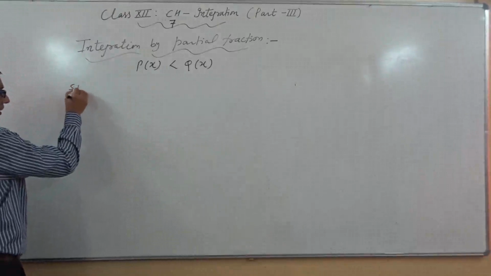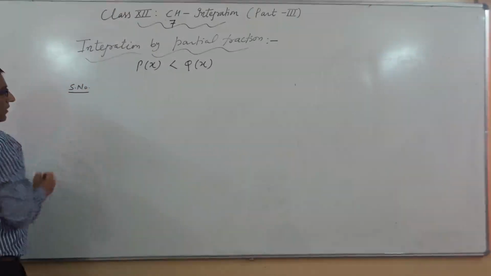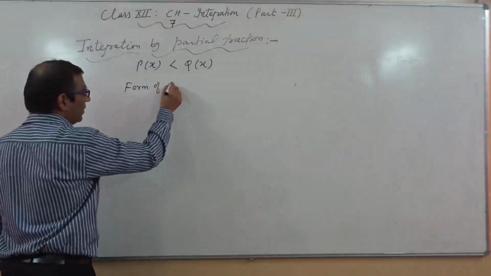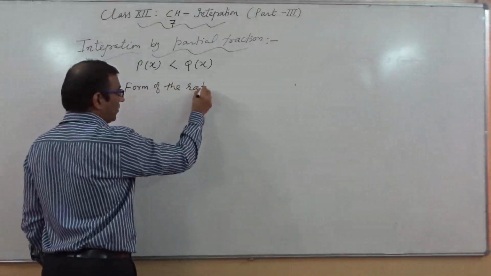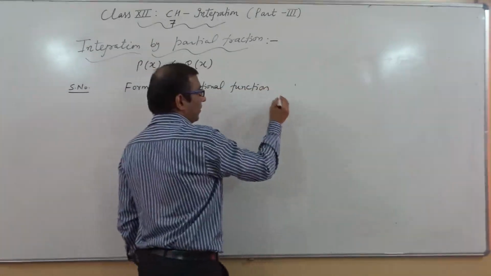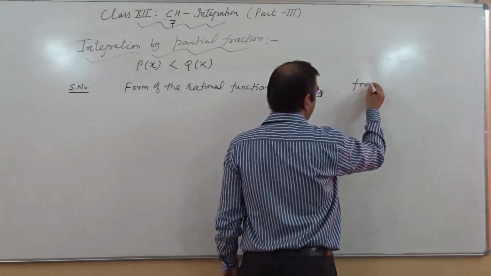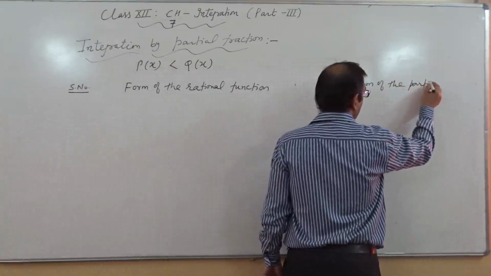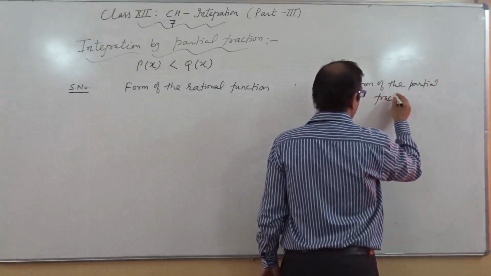So there are some points. This is the serial number, the form of the rational function, and the form of the partial fraction.